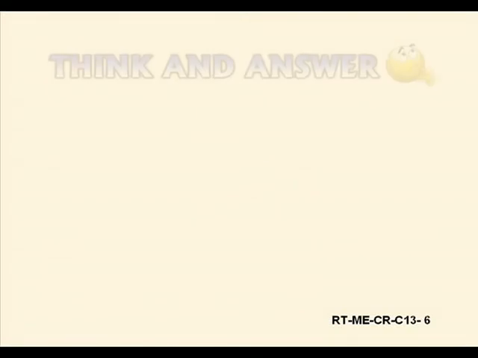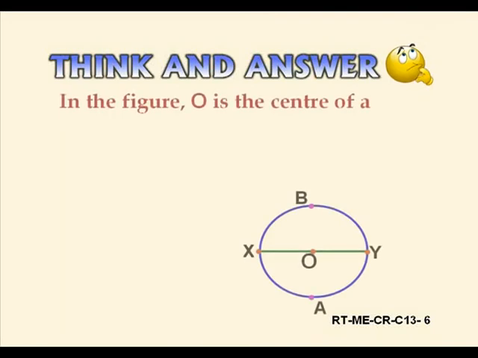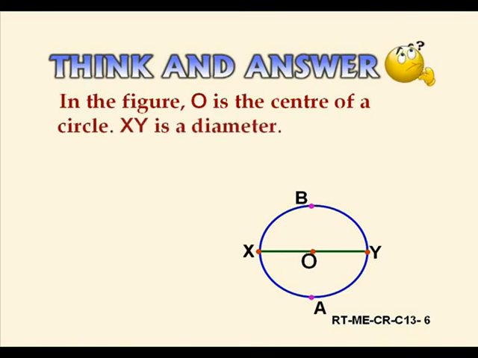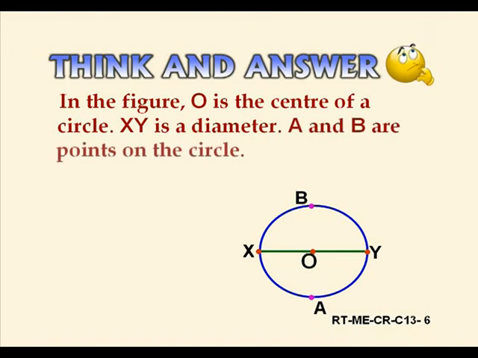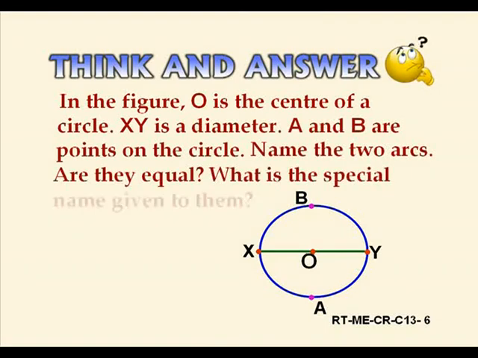Now it is time to think again and answer. In the figure, O is the center of a circle. XY is a diameter. A and B are points on the circle. Name the two arcs. Are they equal? What is the special name given to them?